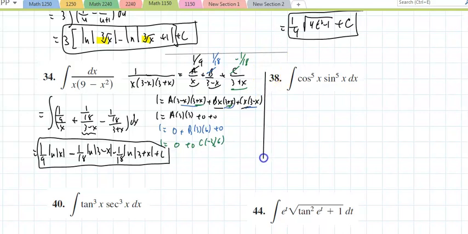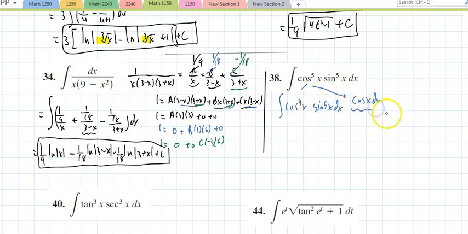Now when I look at number 38, I know I have a rule for sine and cosine, and if one of them is odd, in this case both of them are odd, you save one of them, it doesn't matter which one. Let's say you save a cosine of x dx. That means what you're left with is you took one of those, you have cosine to the 4th of x times the sine to the 5th of x dx.